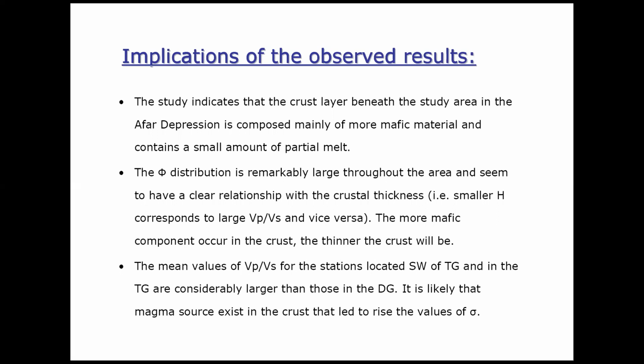The mean values of VP over VS for the stations located southwest of the Tindahu Graben and in the Tindahu Graben are considerably larger than those in the Dubi Graben. It's likely that a magma source exists in the crust that leads to the rise in the values of sigma.